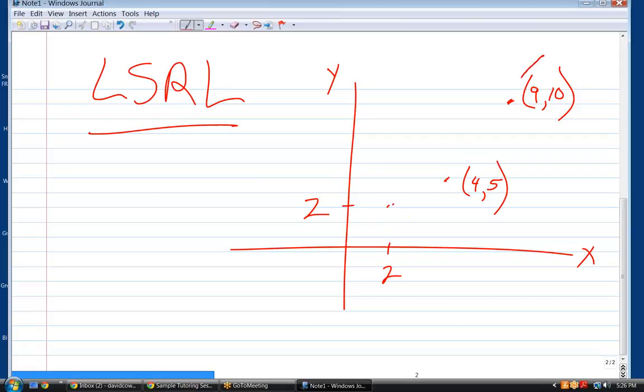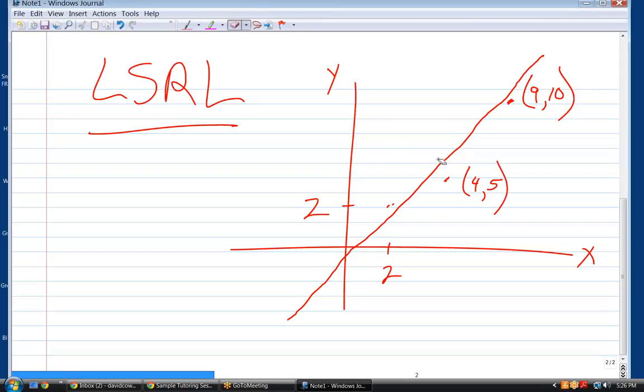So it's just the line that best fits, and there's a very complicated mathematical way to figure that out, but if you put it into a calculator, you'll get the line of best fit, or linear regression, and the correlation coefficient that you talk about. This particular set of 3 points and this line are correlated pretty nicely.